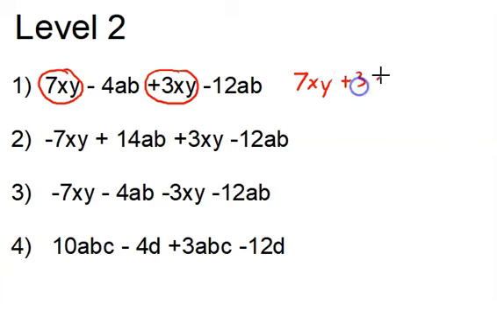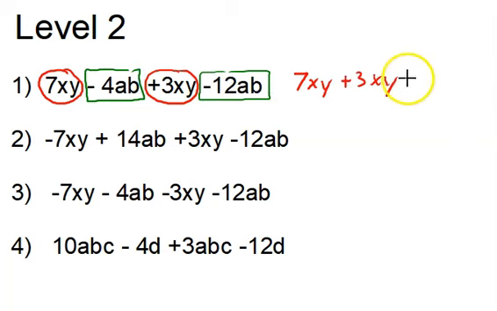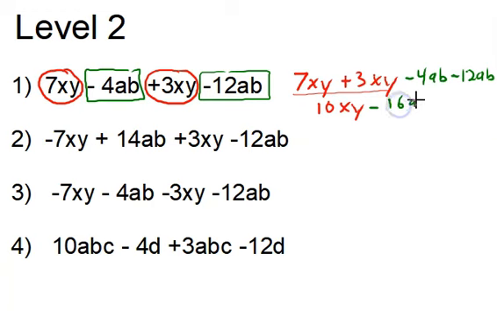So this one will be plus 3x, and then we have negative 4ab and negative 12ab. So you just have to write it down. Now you get 12ab. Both of these you can add together, right? So here we have 10xy and here we will have negative 16ab. That is how you write the answer if you have a question like this.